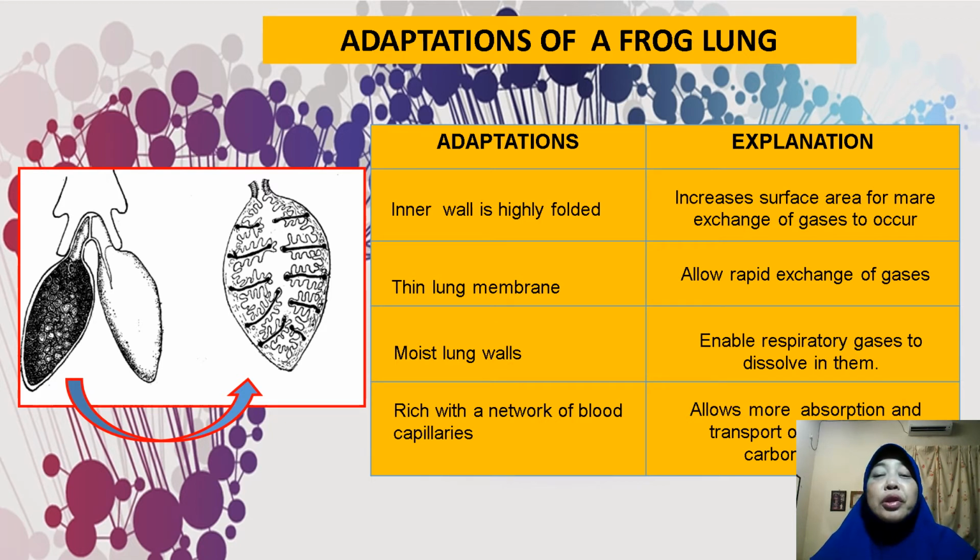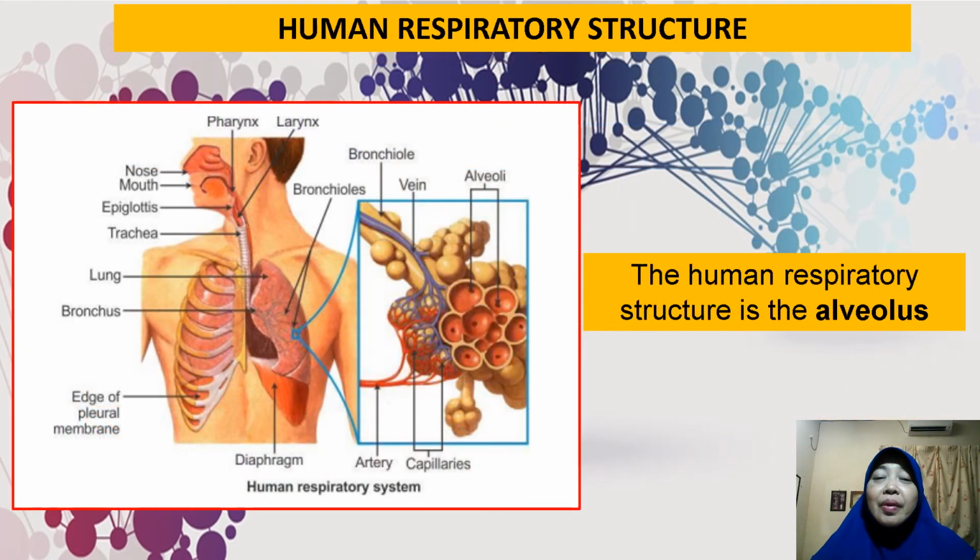The last respiratory structure is the human respiratory structure. As you learned earlier, the human respiratory system consists of a pair of lungs, a trachea, bronchi, and bronchioles, and at the end of the bronchioles, we have numerous alveoli, which are tiny in structure.